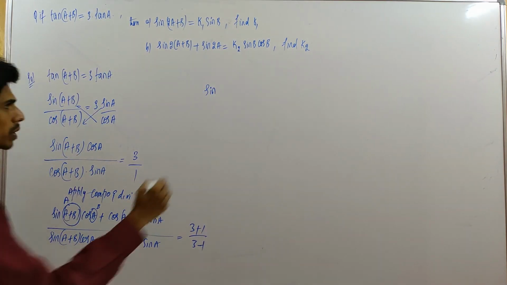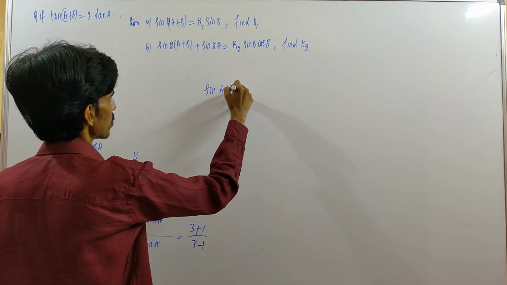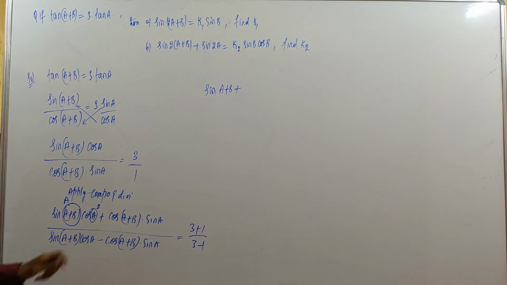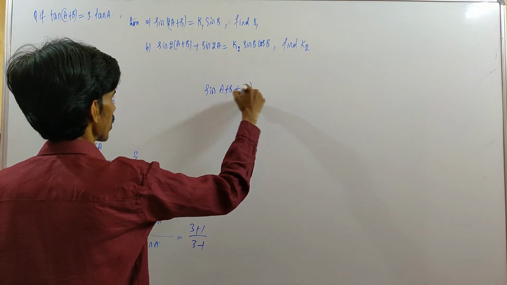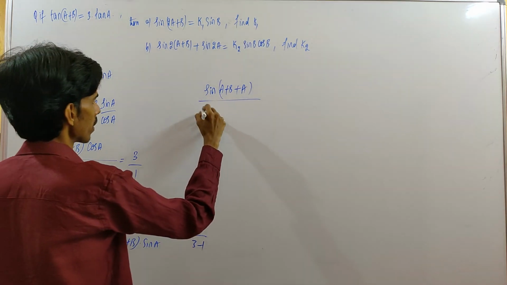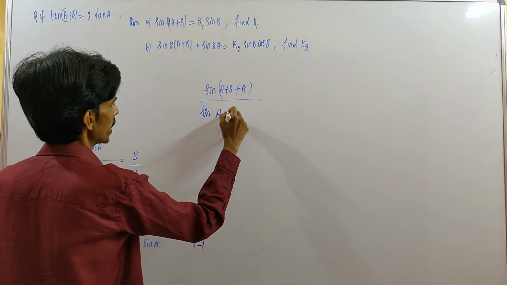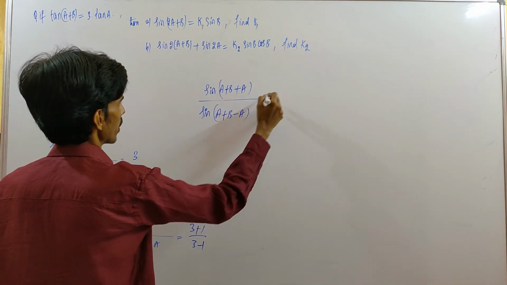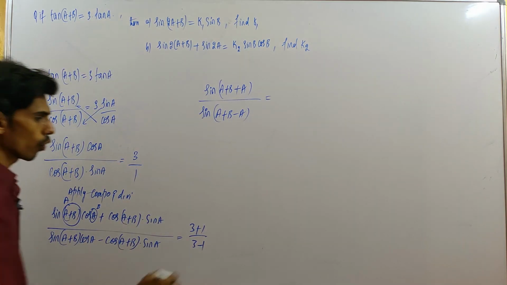A value is a plus b, B is a, so sin(a plus b plus a), divided by, minus sign is there, so sin(a plus b minus a) is equal to 3 plus 1 is 4, 4 by 2.